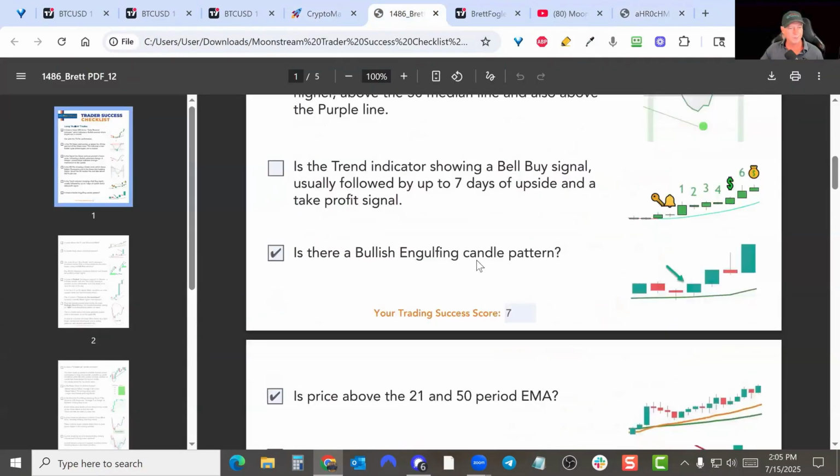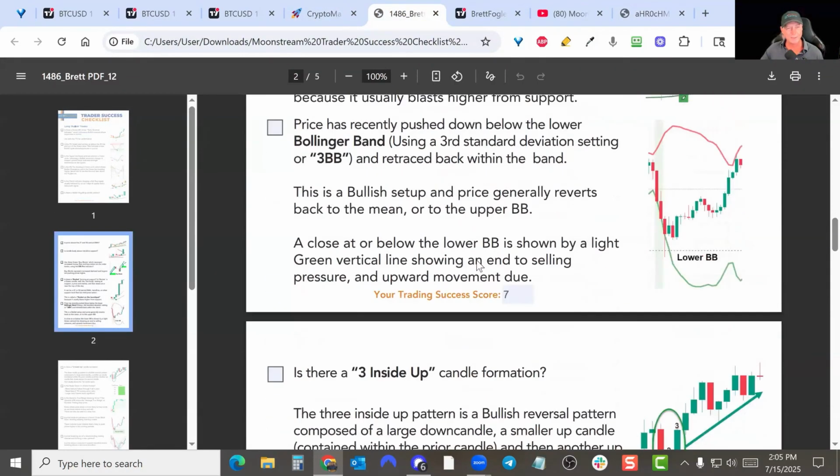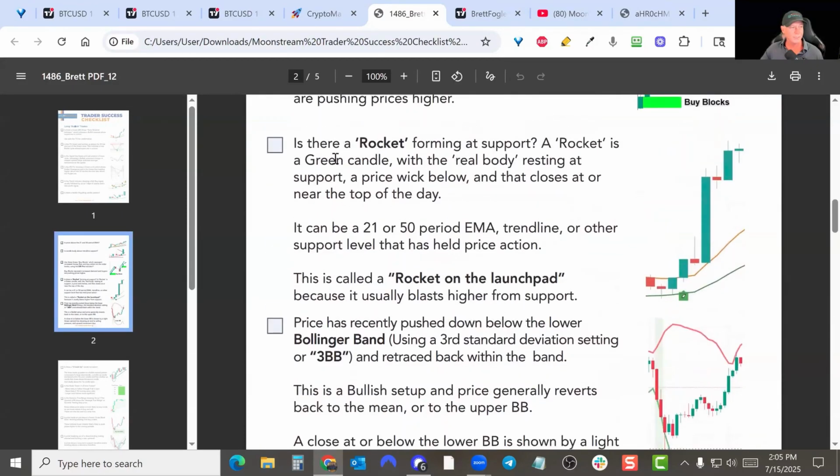And so specifically, if we scroll down in the trade success checklist here, you can see, is there a rocket forming at support? A rocket is a green candle with a real body resting at support, as I said. A wick below that closes at or near the top of the day. That's important also. It can't have a topping tail like these. These are not right.